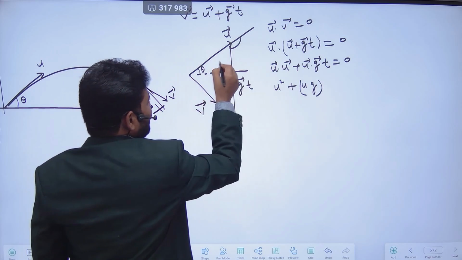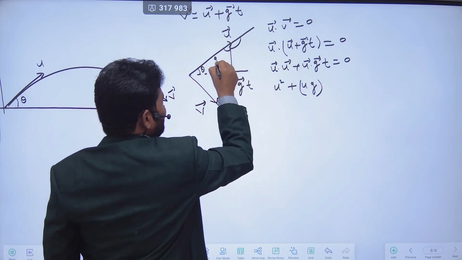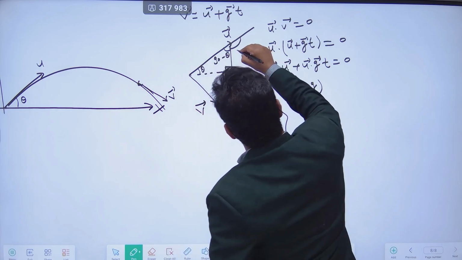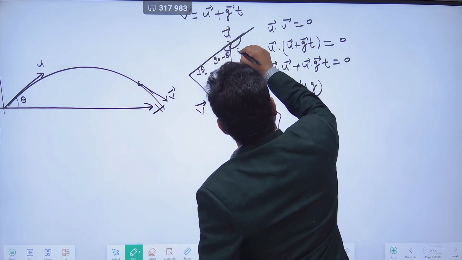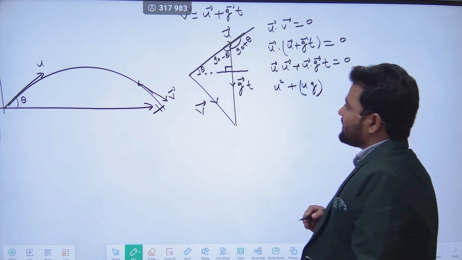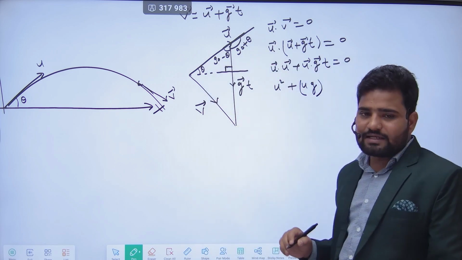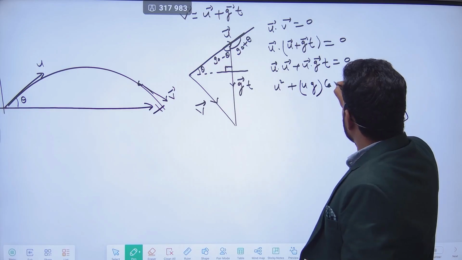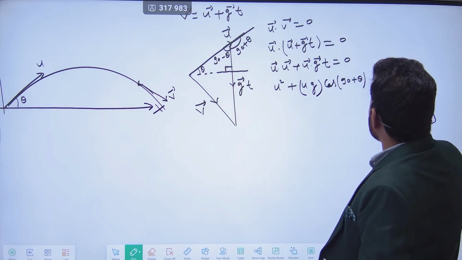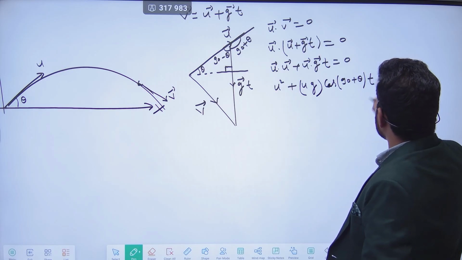If this is 90 and this is theta, then this is 90 minus theta. This angle must be 180, so this angle would be 90 plus theta. So we'll write u g cos of 90 plus theta into t is equal to 0.